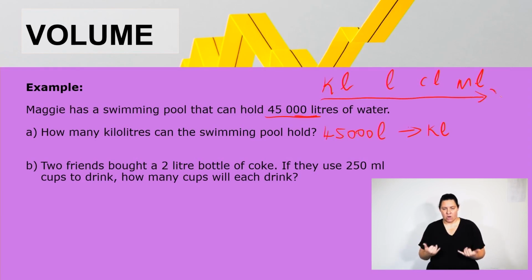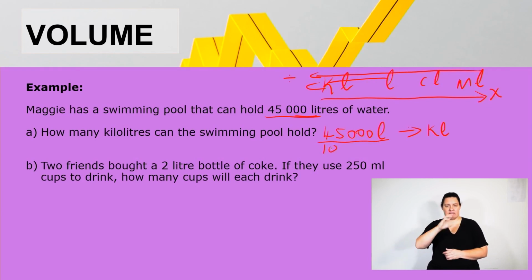We multiply going one way, and going the other way, we divide. In this case, we want to convert liters to kiloliters, so we're going to divide. We're going to say 45,000 divided by 1,000. And let's see what the answer will be. This gives us 45 kiloliters.